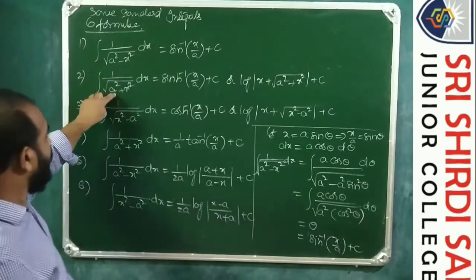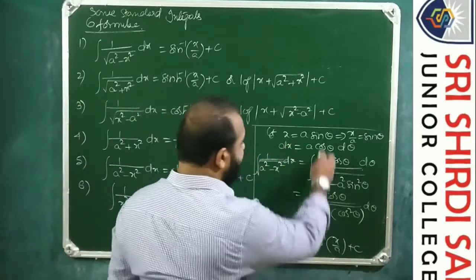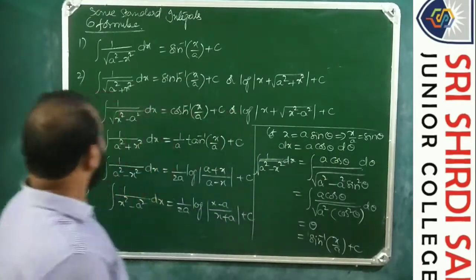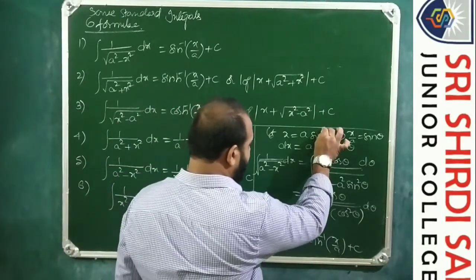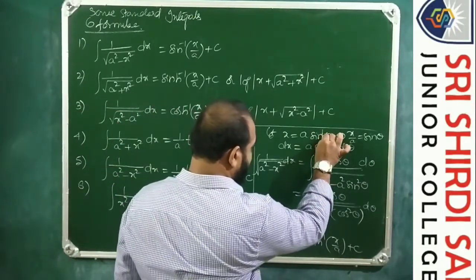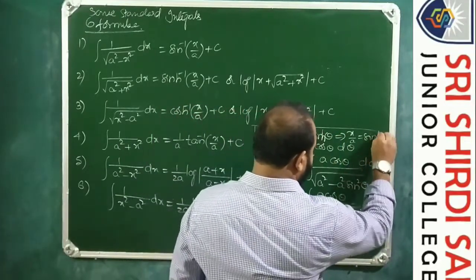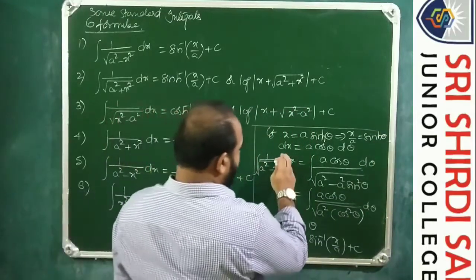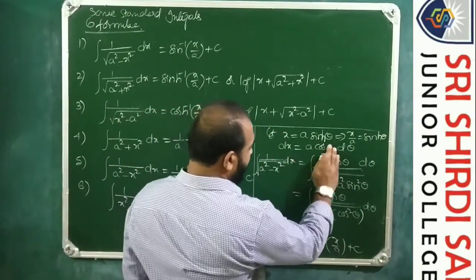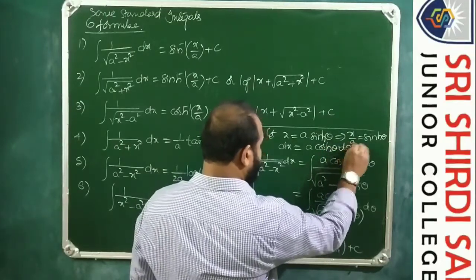Similarly, for 1 by root of a square plus x square dx, take x equal to a sinh theta. To prove this, I'll just alter it here. x by a is equal to sinh theta. Now dx is equal to a cosh theta d theta.